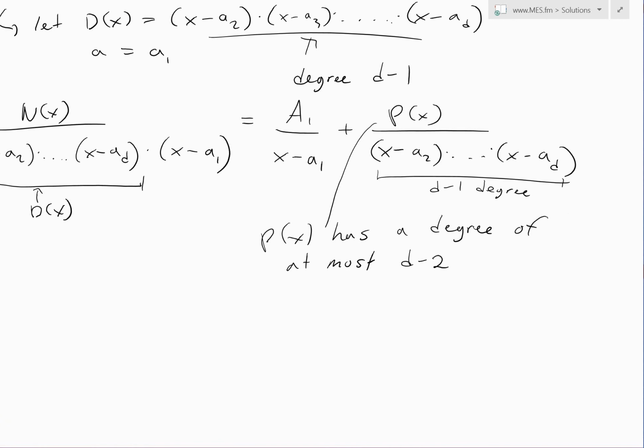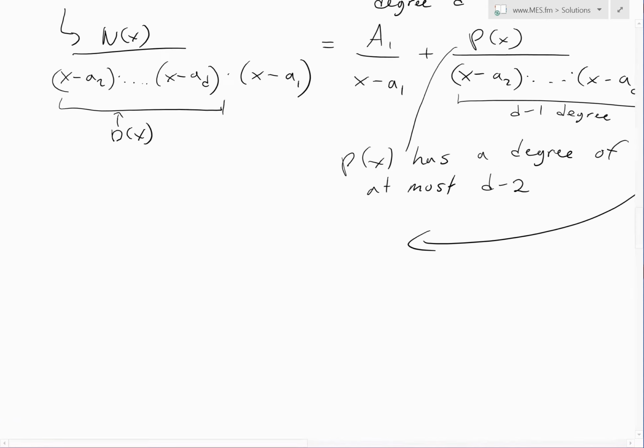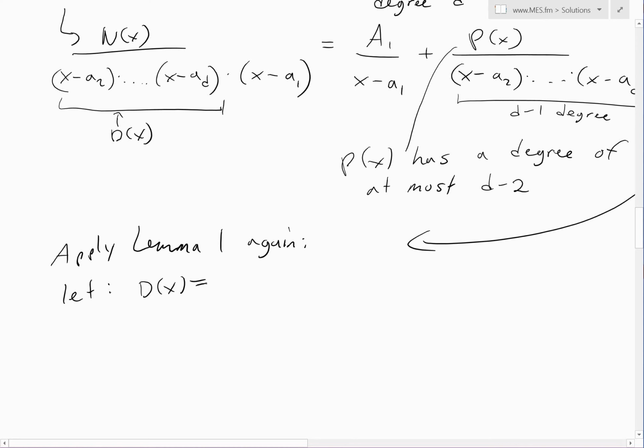Now, as you can see, we could just apply this same case again. So we could take this thing and bring it down here, and now we could apply lemma 1 again. In this case, our new d of x is going to be x minus a3, and then times all the way until x minus a d.